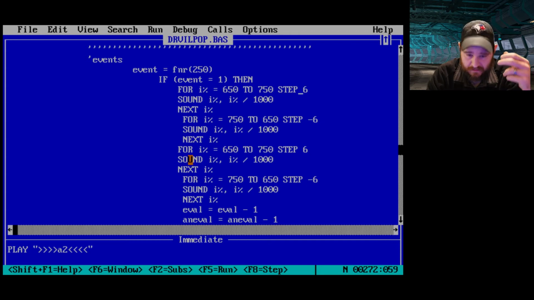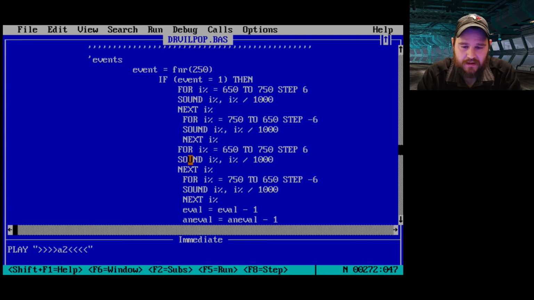So 650, 656, 662. That variable is going to be your frequency, and the duration is just going to be that divided by 1000. So at the very beginning, your frequency is 650 hertz. Oh, wait a second. I think these are his sirens. That's brilliant.